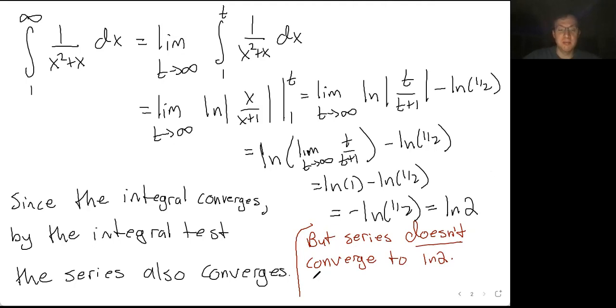What we actually did before is that the series converges to 1, which we found because it turns out to be a telescoping series, and for telescoping series, you can actually find the sum. The integral test doesn't give you the sum, but it does tell you if the series converges or diverges.